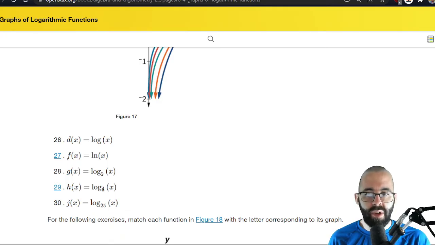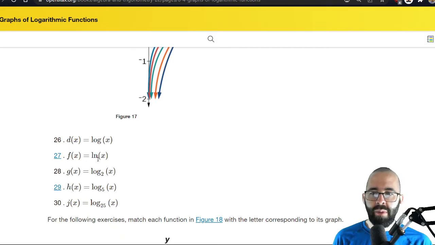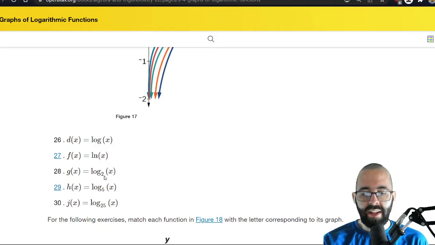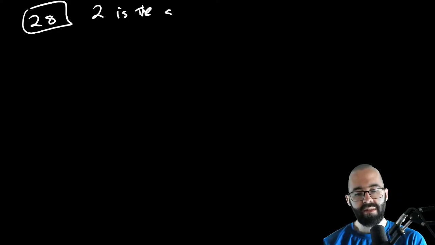So log base 2 is smaller than 5, 25, 10. Natural log is log base E. Is E bigger or 2 bigger? Euler's number E is about 2.718. So 2 is actually the smallest base. And that's how we solve this. 2 is the smallest base.